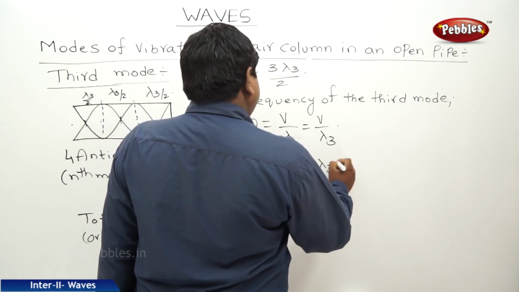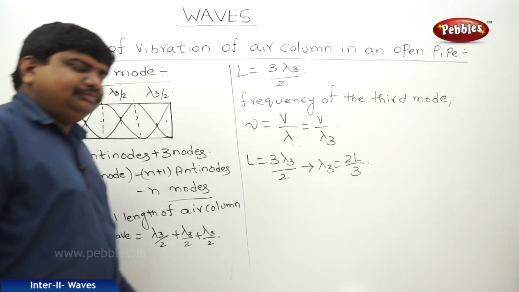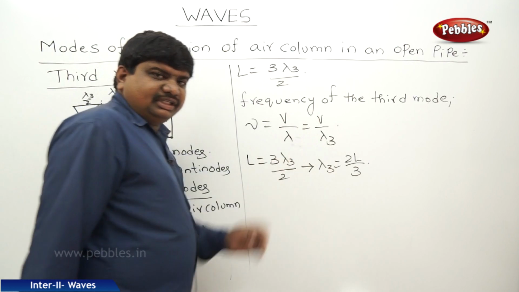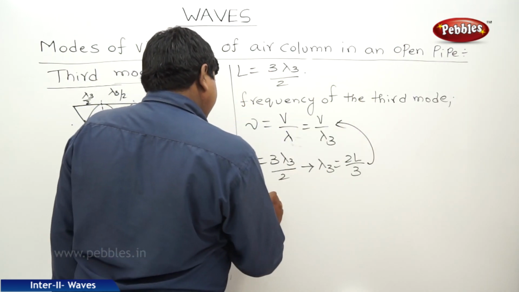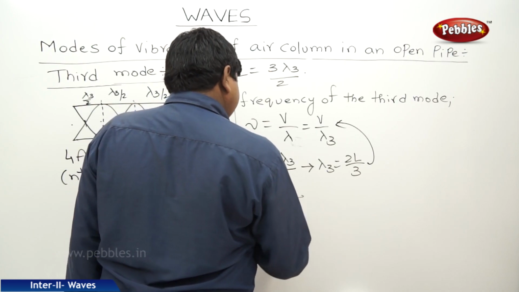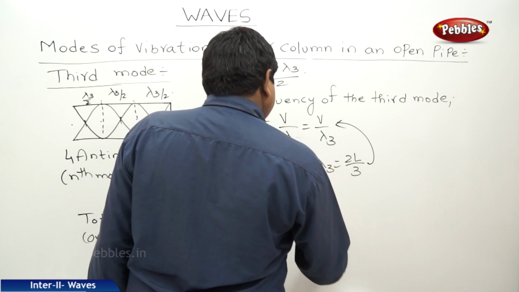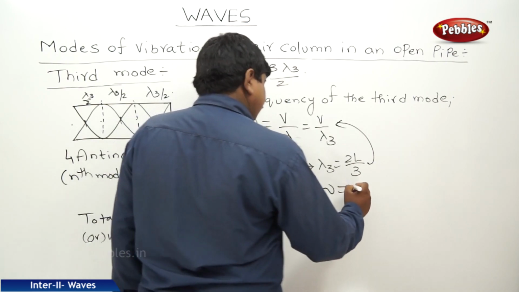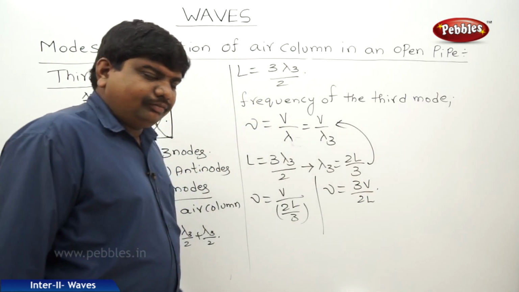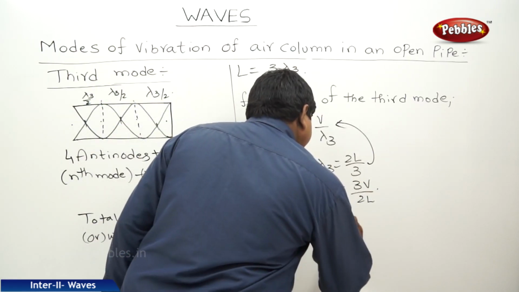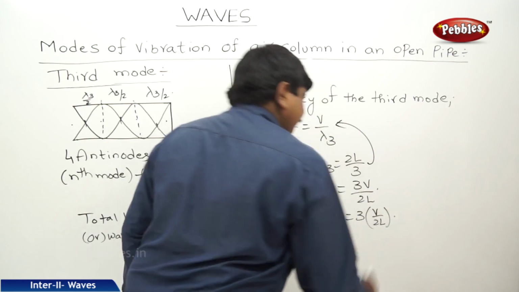Therefore, lambda 3 is equal to 2L by 3. Now I am substituting this value in this equation. So therefore, nu is equal to V by 2L by 3. Therefore, nu is equal to 3V by 2L. Therefore, nu 3 is equal to 3 into V by 2L.